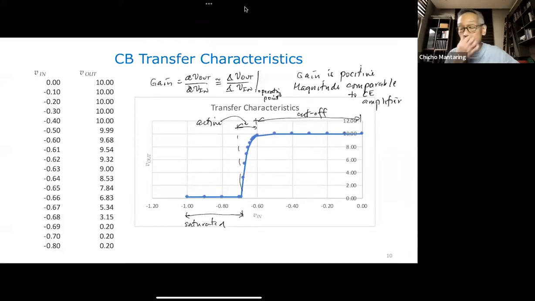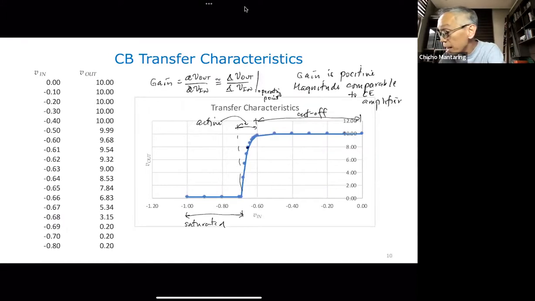So you now have two options of amplifier. One is the common emitter, one is the common base. If you want to have positive gain, you choose the common base. If you want to have negative gain, you choose the common emitter. So remember, your gain is the slope.